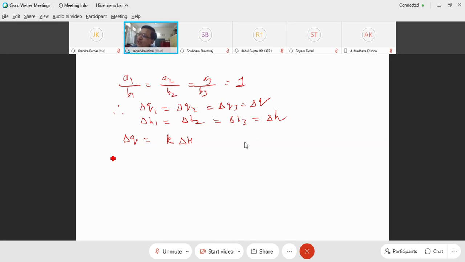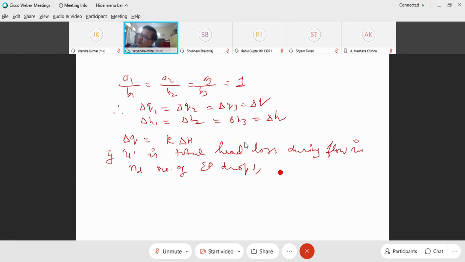Now, if capital H is the total head loss during flow in ND number of EP drops, then the total head loss is delta H into the number of drops, ND.